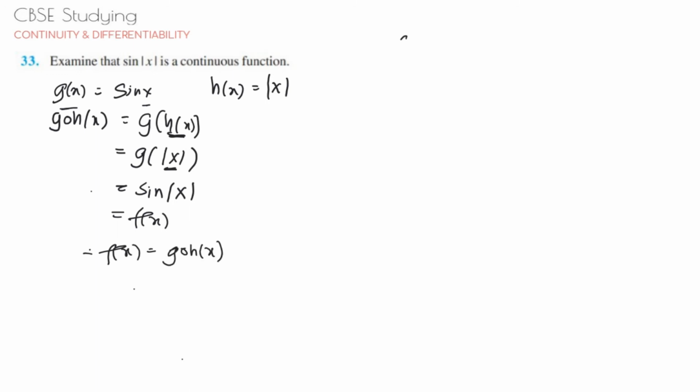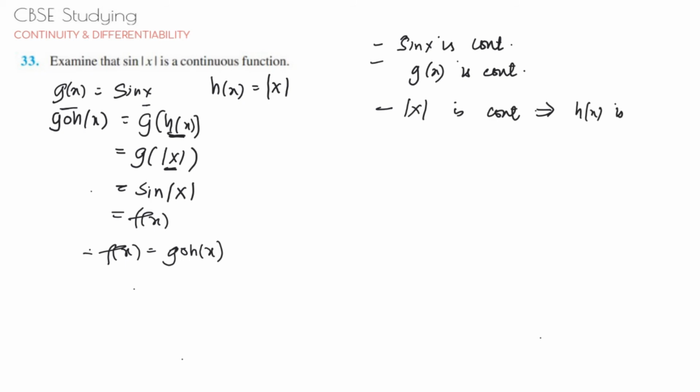So, since sin x is continuous, we can say that g of x is continuous, right? Since modulus of x is continuous, it implies that h of x is also continuous, right?